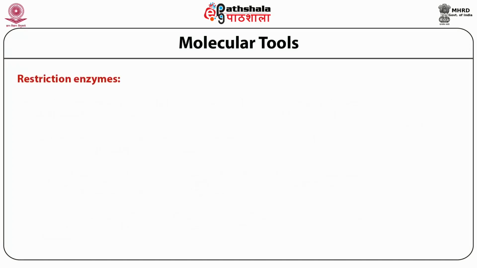Second is restriction enzymes. These enzymes can fragment DNA at specific sites. They were discovered for their ability to fragment DNA of foreign organisms to avoid infection and in the process restrict infection. There are three types of restriction enzymes, that is 1, 2 and 3, out of which only the type 2 restriction enzymes are used for cleaving DNA fragments in genetic analysis.